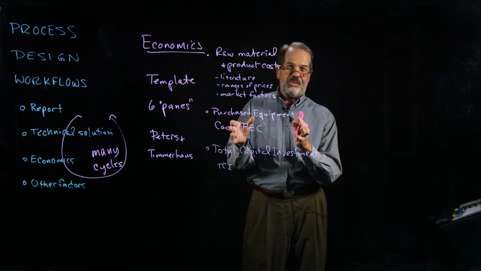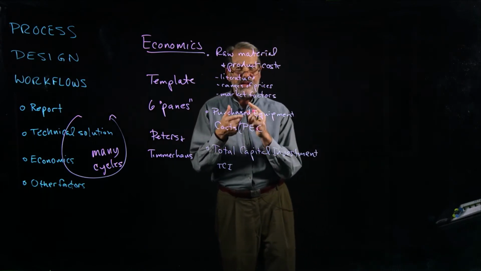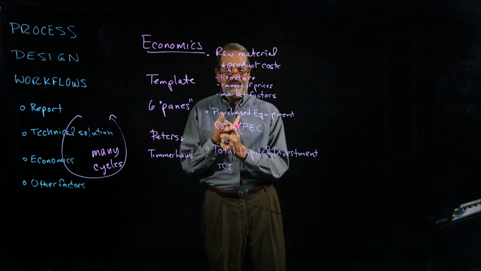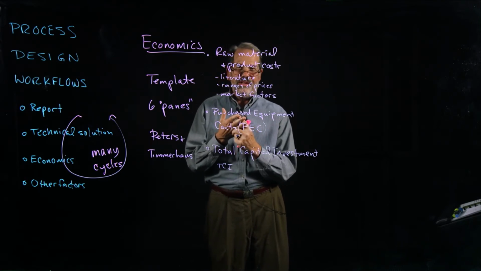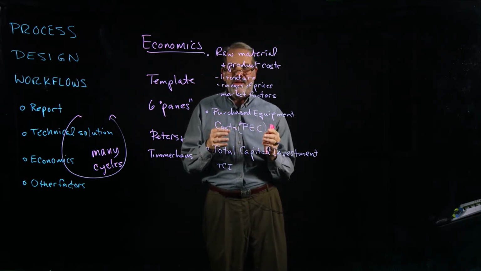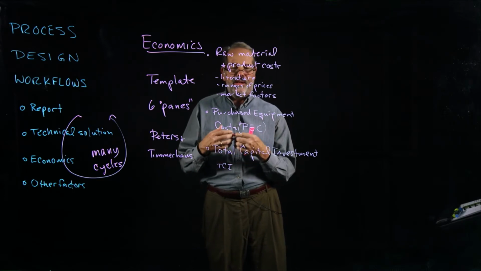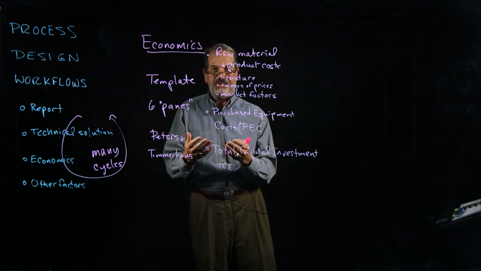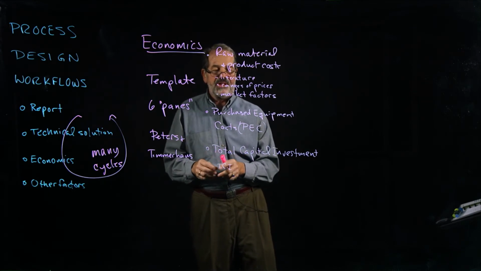Once you buy the equipment, you're not done. You've got to install it. If you don't have a road to the plant, you've got to put in a road. You've got to put in other utilities. You have to put in entryways. You have to put in control systems, et cetera, et cetera.